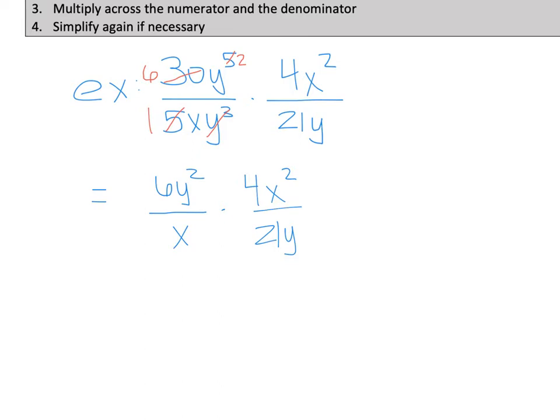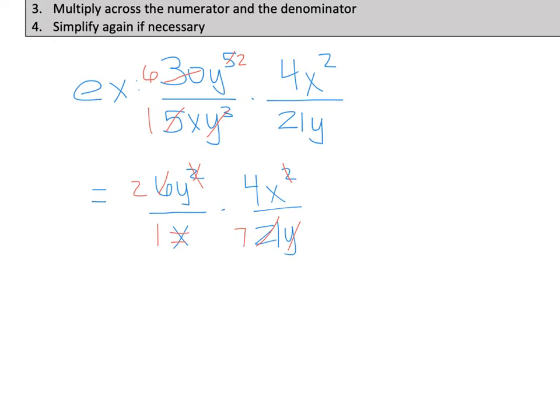So if we look at the 6 and the 21, they both share a factor of 3. 3 goes into 6 2 times, 3 goes into 21 7 times. And for the y's, we can cancel the y and cancel one of the y's in the numerator. Now, looking at the x in the denominator of the first rational expression, that is going to cancel with one of the x's in the numerator of the other rational expression. And in the denominator, it's going to leave a factor of 1.